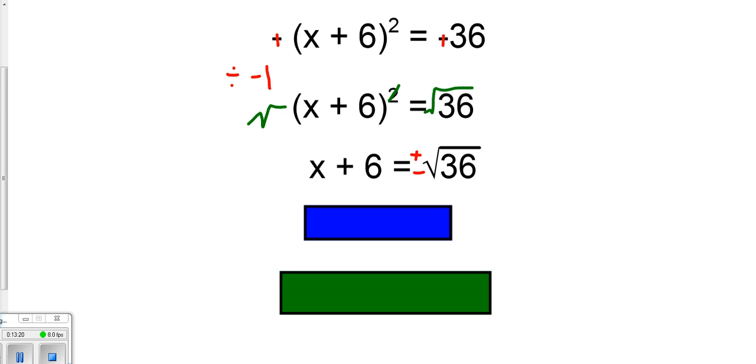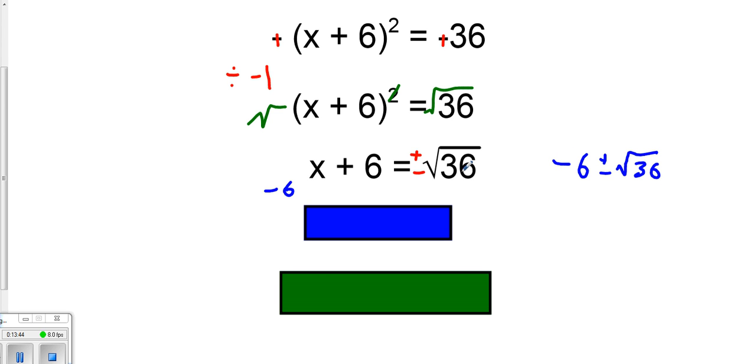Again, we want our x to be alone, so we're going to subtract 6 from both sides. I'm going to write it this way. I'm going to start with that minus 6, and then say either plus or minus the square root of 36. This now becomes like a starting point, negative 6.